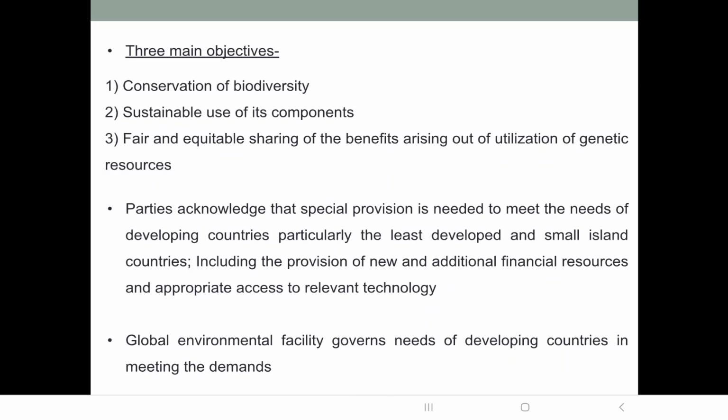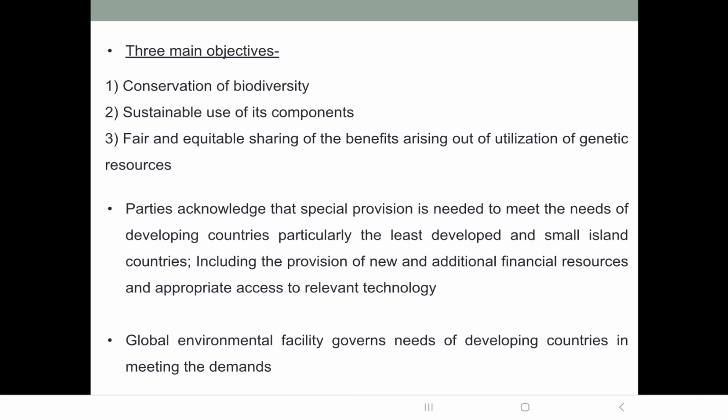So future generations should also benefit from the components of biodiversity. And the third is fair and equitable sharing of the benefits arising out of the utilization of genetic resources. We will discuss this in detail when we discuss the other two protocols under this convention.